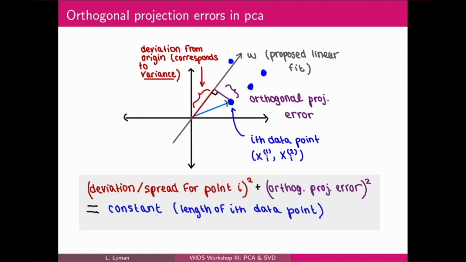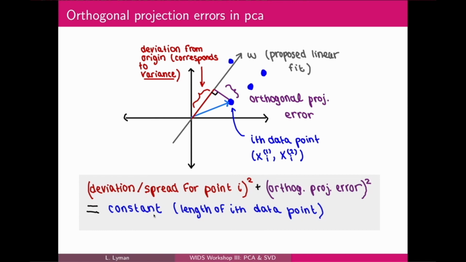The hypotenuse of this triangle is the length of a given data point vector, which has to be fixed. It remains the same no matter how we rotate the proposed fit vector W in gray. So by the Pythagorean theorem, in order to maximize the spread for this single data point, that is the red, we are forced to minimize the orthogonal projection error in purple and vice versa.